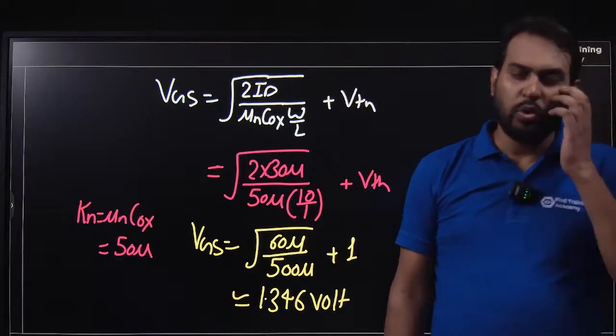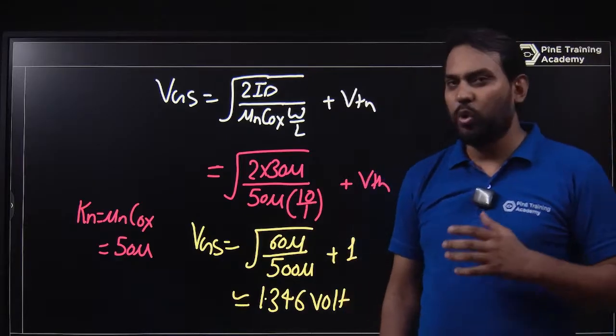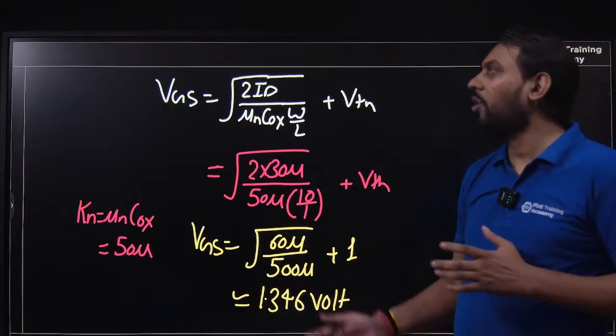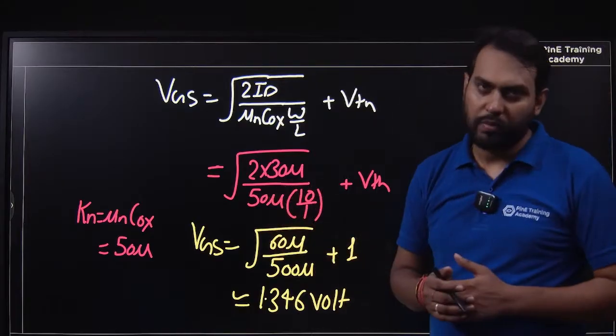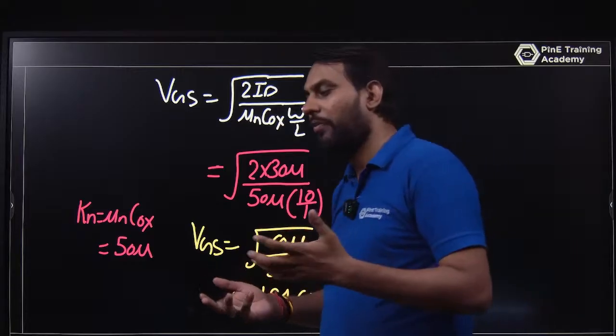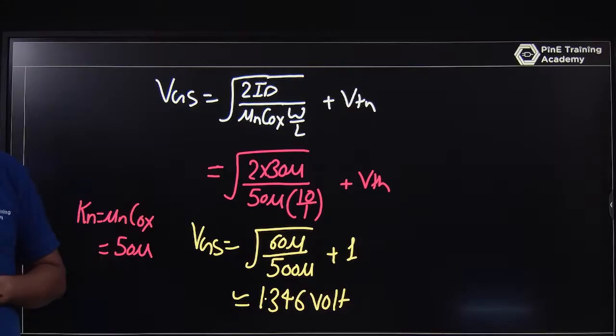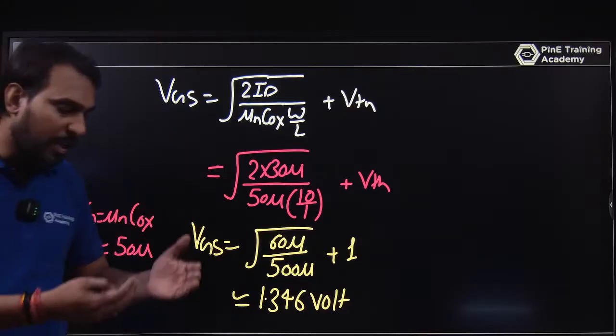You have two techniques: you can use the gm over ID method, and you can use this method also. You can design a common source amplifier by the gm over ID technique, or by the basic equation. We have some design specifications.